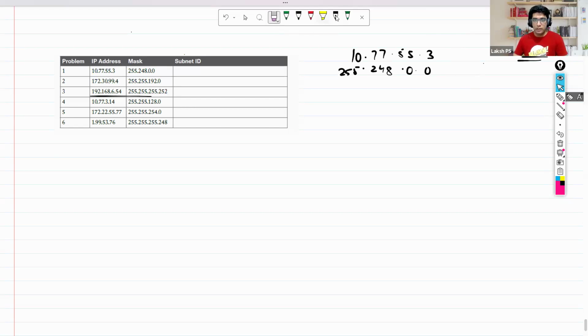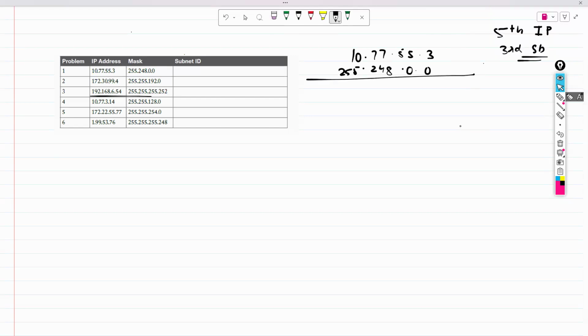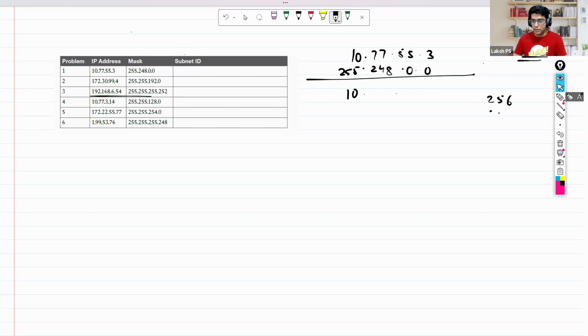Okay, so Naresh, can you just try to solve this? Yes, sir. Okay, so it is 10, so what's the network ID? 10.8.0.0. 256 minus 248 gives us 8.